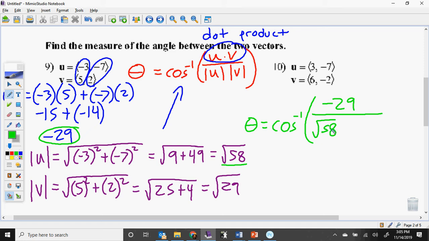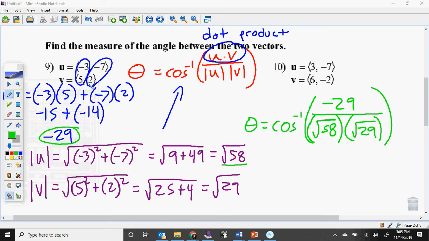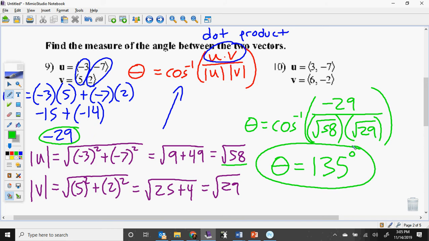And then magnitude of v, we'll put this in parentheses, square root 29. And then I can plug that into my calculator just the way it is. If I plug that into my calculator, I should get rounded 135 degrees.